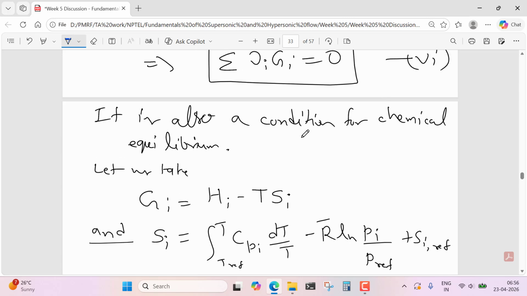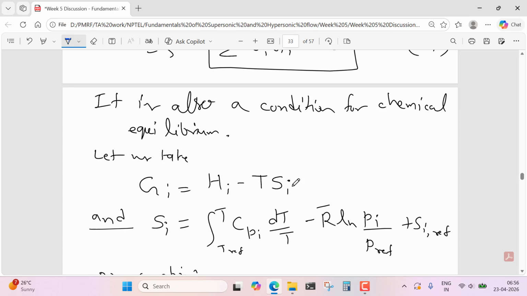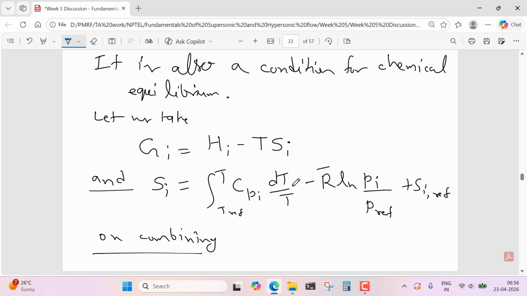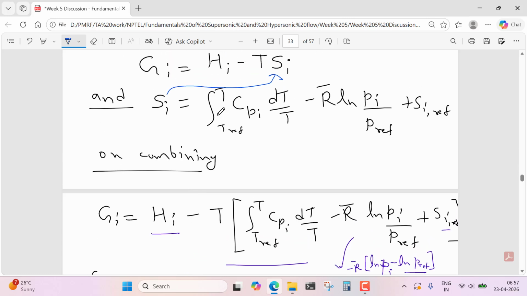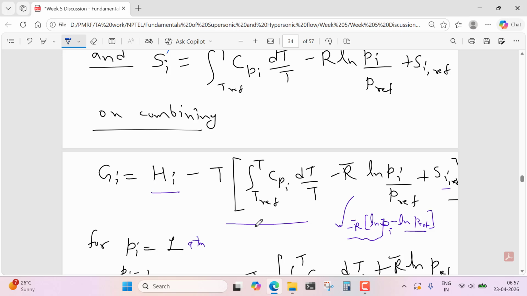Let's take this gi equal to hi minus T si, and si can be given as integration T reference to T Cpi dT upon T minus R bar log Pi upon P reference plus si reference. If we combine these two, if we substitute this si here, we will get gi equal to hi, which is similar to before, minus T times integration T reference to T Cpi dT upon T minus R bar log Pi upon P reference plus si reference.